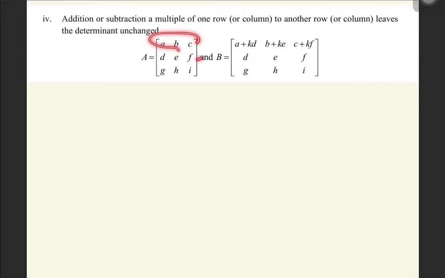So it can be row 1 and row 2, row 1 and row 3, but you have to depend on what you have for matrix B. Okay, so in this case, if you compare, clearly the first row is not the same as the first row in matrix A. So the first row of matrix B is obtained by an operation which involves the first row and the second row of matrix A.